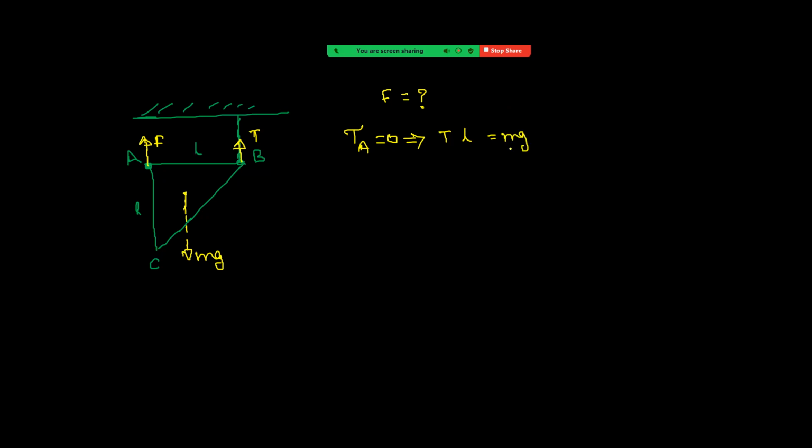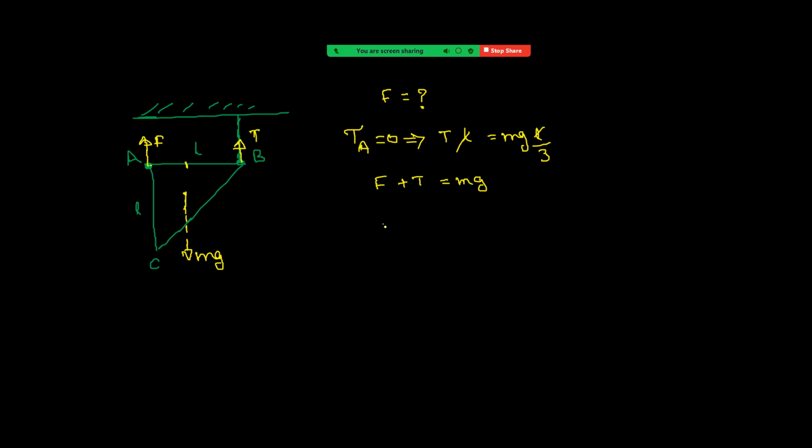So mg into, this is now passing through the centroid. So this distance, from here up to here, will be equal to L by 3, right? So L by 3. So tension T equal to mg by 3. Okay. Now write net force equal to 0. Net force 0 means F plus tension, the sum of these two, should balance weight mg.